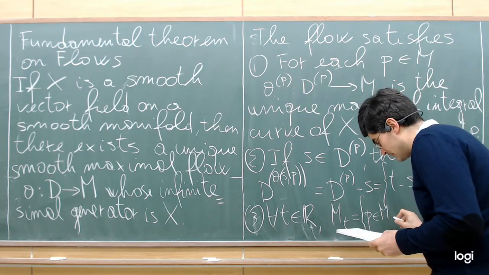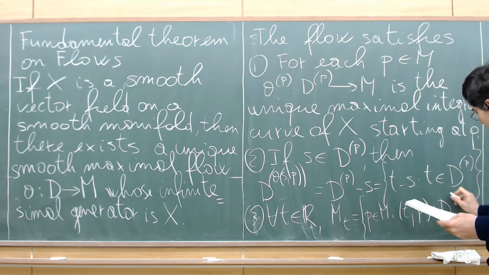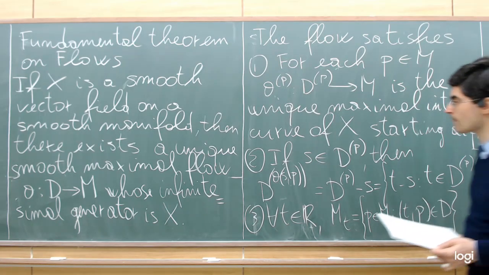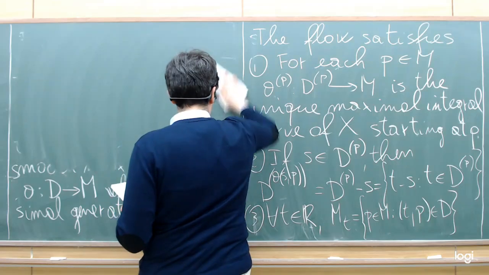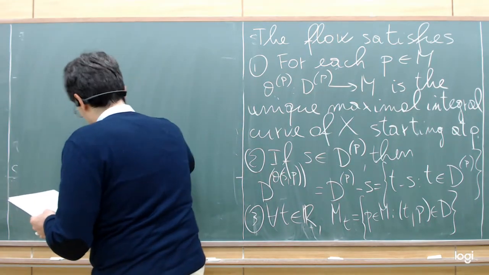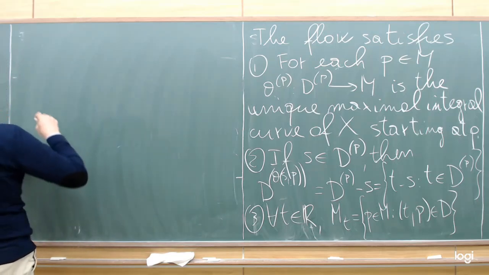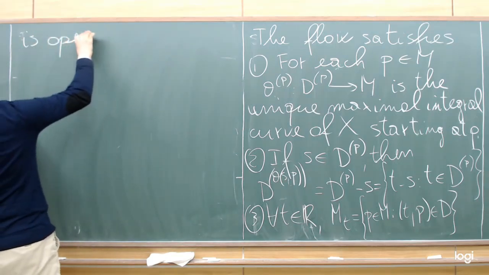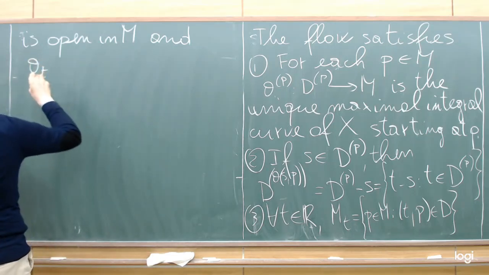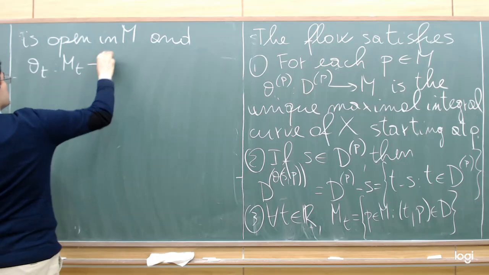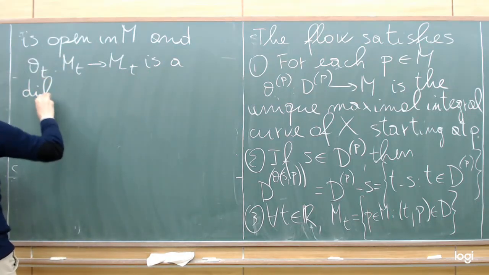The set of p in M such that (t, p) belongs to D is open in M, and theta_t from M_t to M_(minus t) is a diffeomorphism.